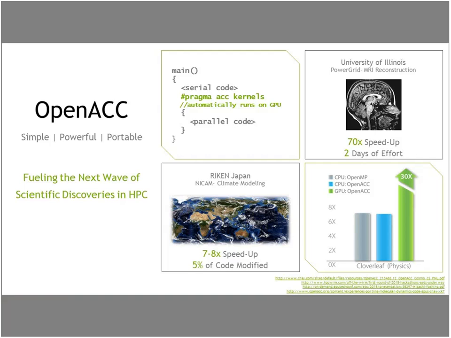OpenACC is a programming model for really simplifying parallel programming. It's designed so that you can use an advanced compiler and some hints that you insert into your code to help the compiler build your code to run in parallel. If we look in the top left box here, I have kind of a pseudocode, and you notice this green directive, which is a compiler pragma in C, or in Fortran it would actually be a comment that has a special format.